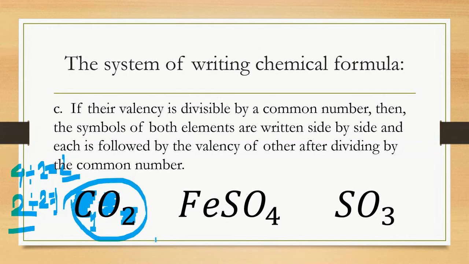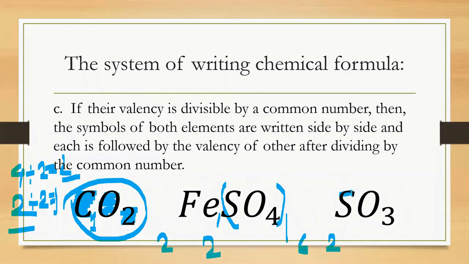Iron sulfate. The valency of iron is 2, the valency of sulfate is 2. When we divide by 2, it is 1. So Fe1, SO4 is also 1. 1 doesn't need to be mentioned. In sulfur trioxide, the valency of sulfur is 6, but the valency of oxygen is 2.